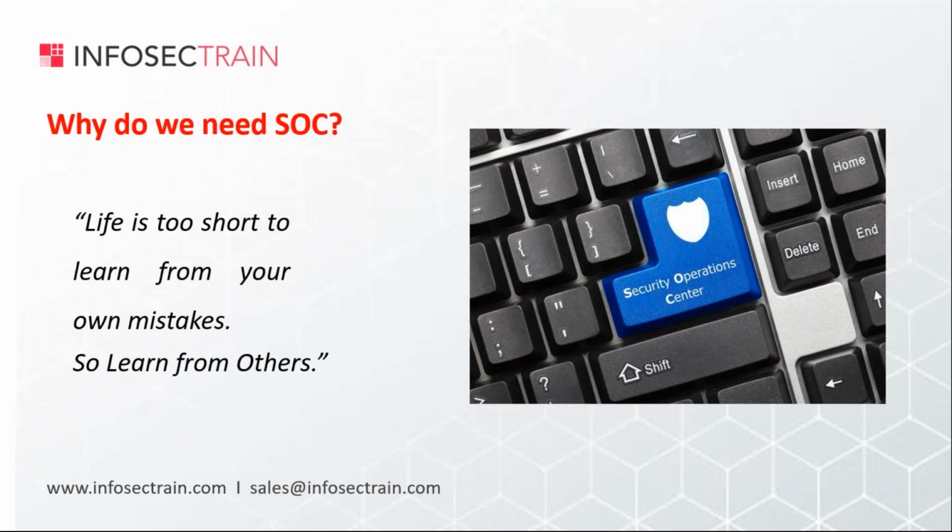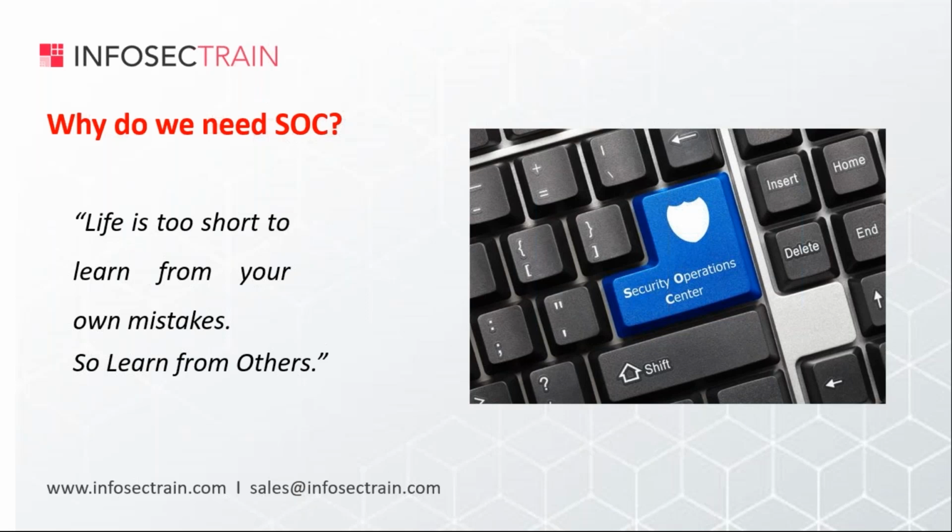Let me take this part over. Since our threat landscape is evolving and becoming more sophisticated, one of the major reasons we need a SOC is that reactive security measures are no longer able to protect our organization.